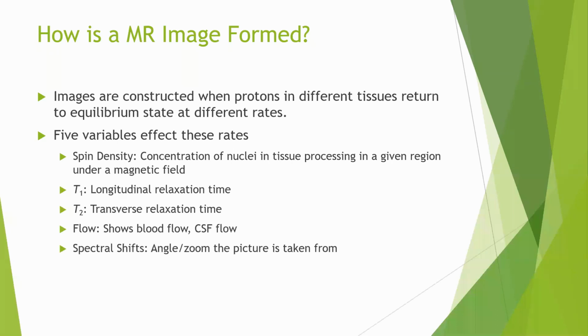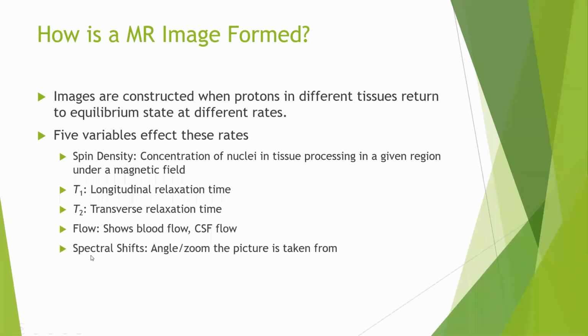All right, fantastic. Now, I am not going to go over this, but what I am going to tell you right now is 5 variables affect this rate: spin density, T1, T2, flow, spectral shift. If you ask me, do I need to know all these things? Honestly, no, you don't need to. From musculoskeletal practice or from neuro practice, just basic understanding reading MRI, you don't need to understand. But just for your information, FYI, spin density is concentration.